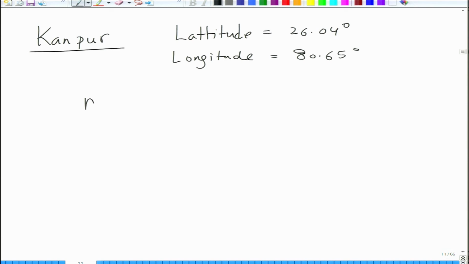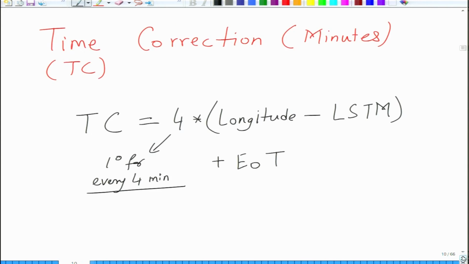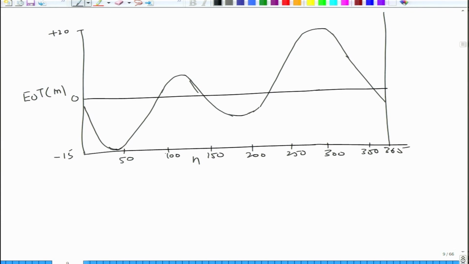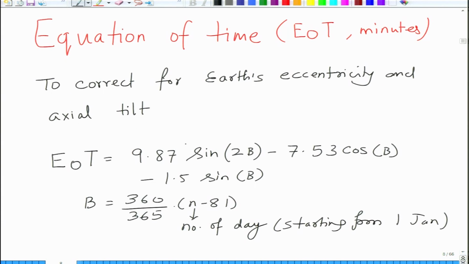Let's say we take n equal to 100, so the 100th day of the year, which will probably fall into April, and for this first we need to work out the equation of time correction, which we can get from this formula. We first calculate B by substituting the value of n, and then we apply this in the formula that is above.